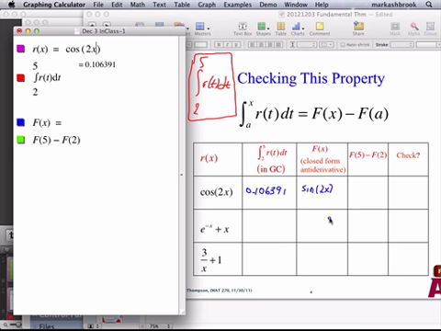So here's the rule from here on out. Whenever you take an antiderivative, check it. How can you check it? Take the derivative. Every single time that you do an antiderivative, take the derivative, and what should happen? Should be what you started with.